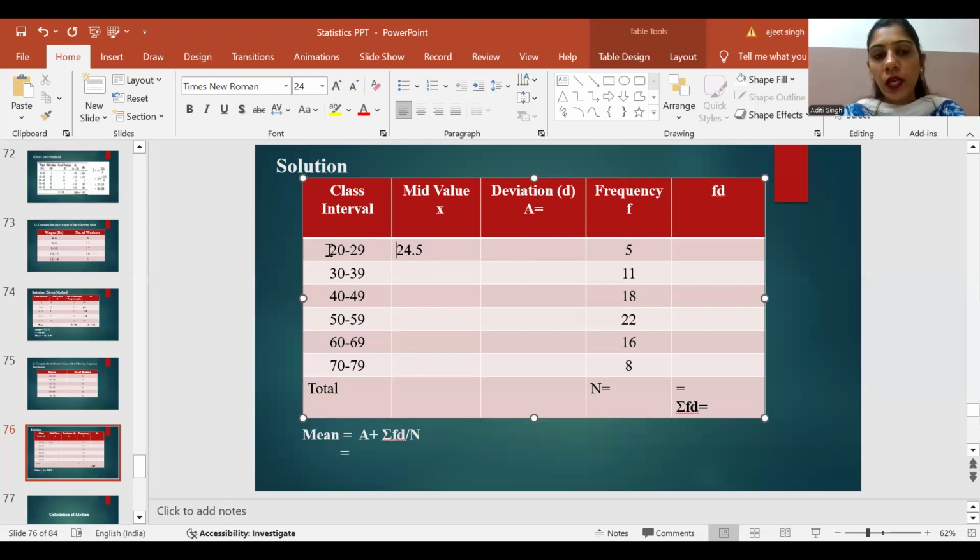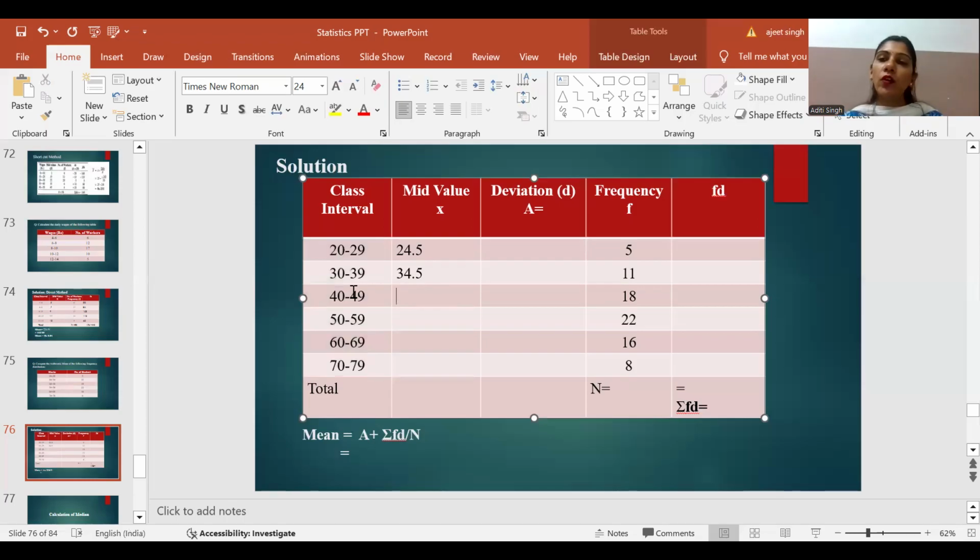So in this type of class interval, the answer will always come in points. 20 plus 29 is 49, divided by 2, the answer is 24.5. Next, 30 plus 39 is 69, divided by 2, the answer is 34.5. This is how we calculate the mid value in this type of class interval.